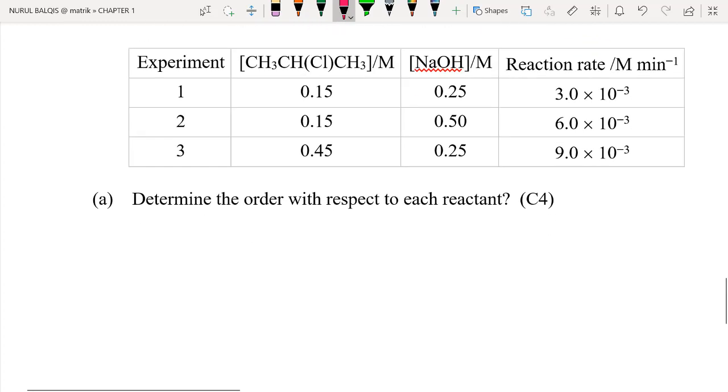The question asks you to determine the order with respect to each reactant. So recall again, where did you first hear about order of reaction? It is from the rate law.